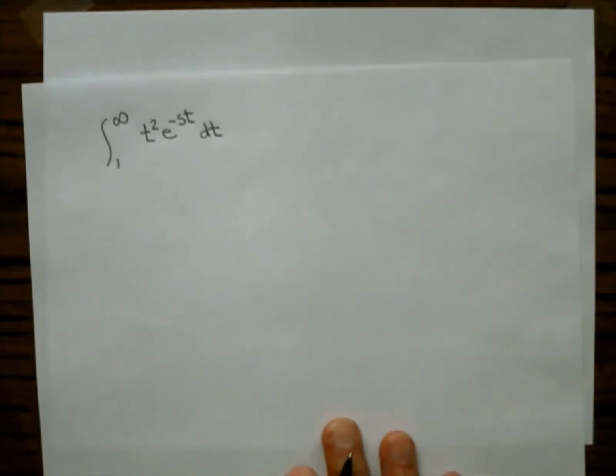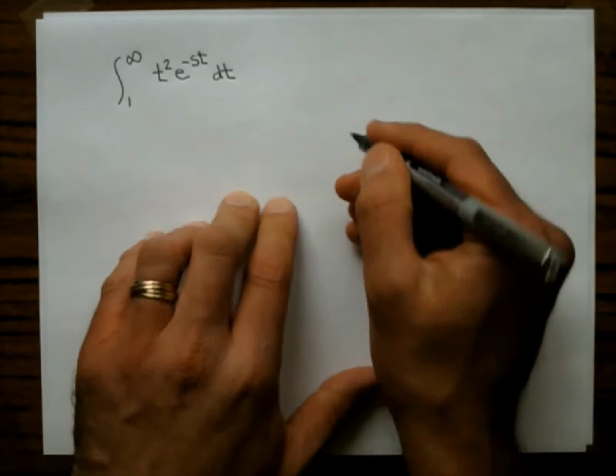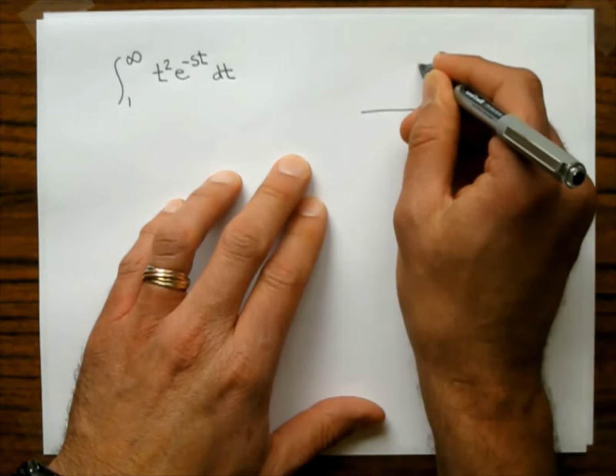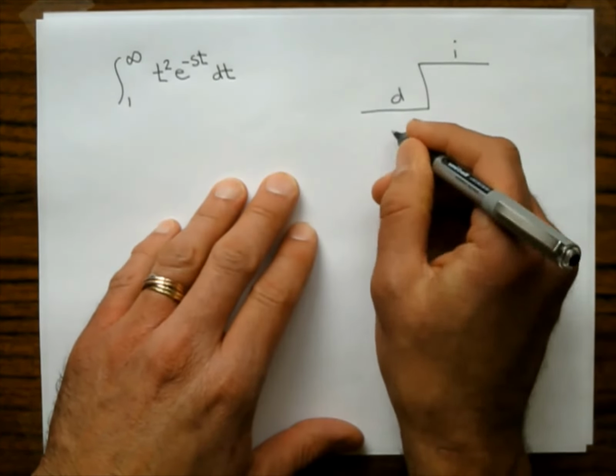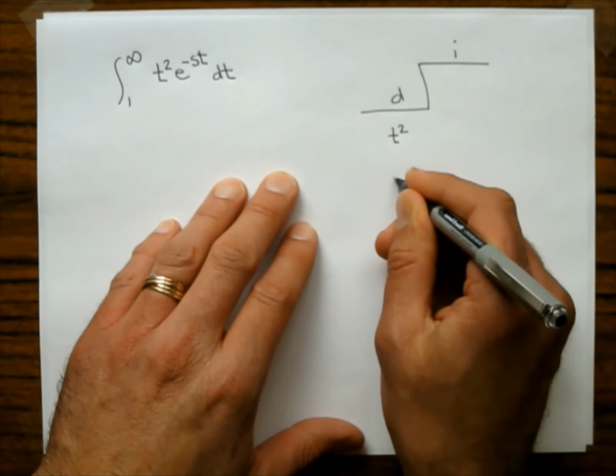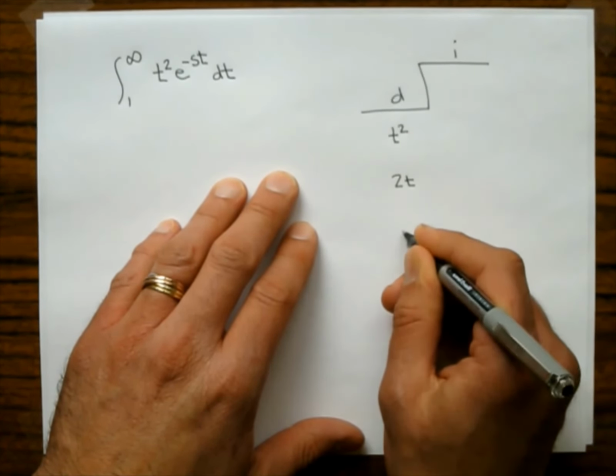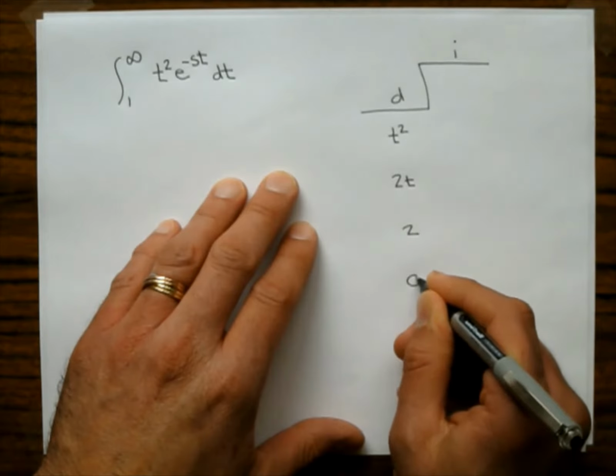Now to integrate that with respect to t, I do need integration by parts. I'll put the integration by parts right here. Derivative, integral. I'm going to take the derivative of t squared, which is 2t, and its derivative is 2, and then we have a 0.